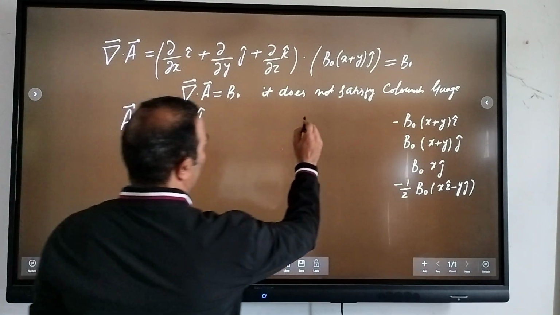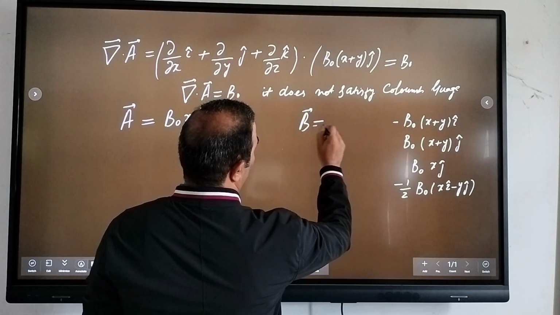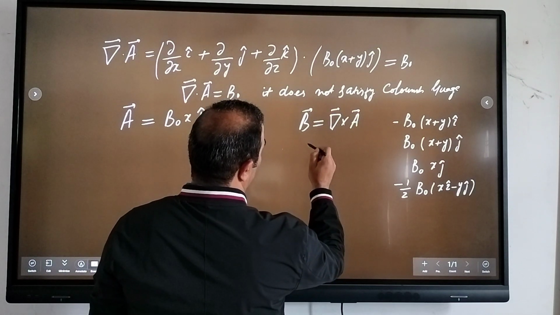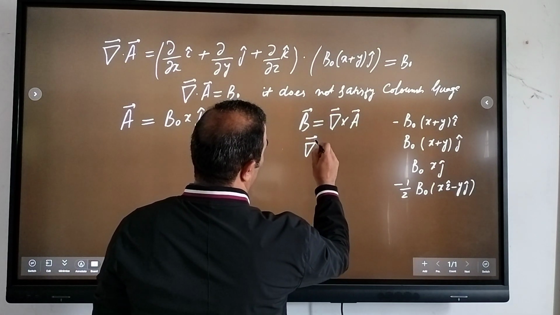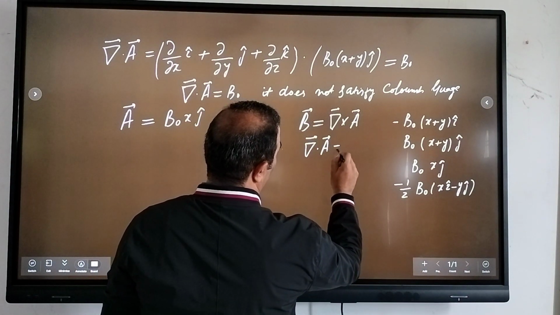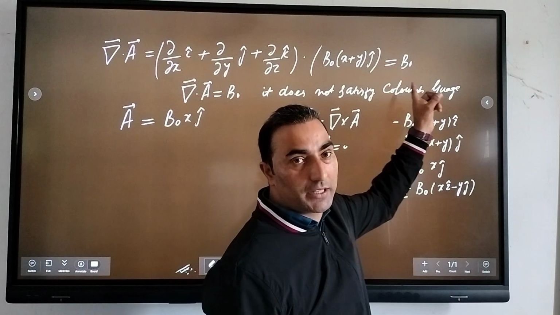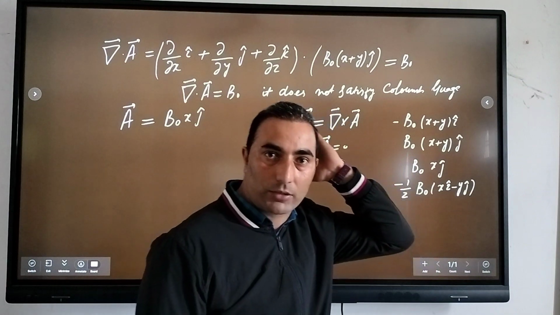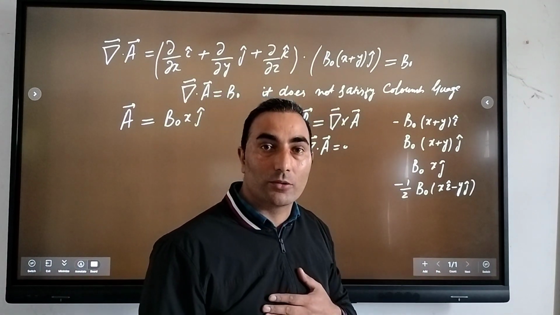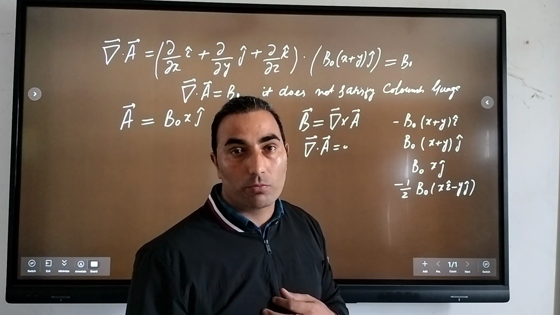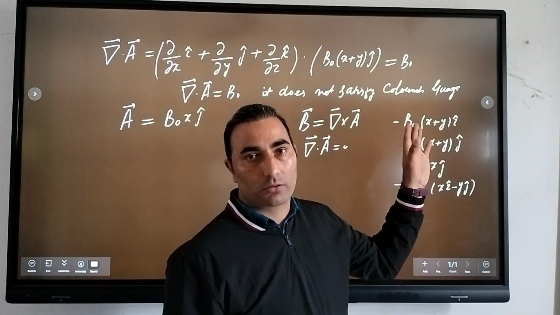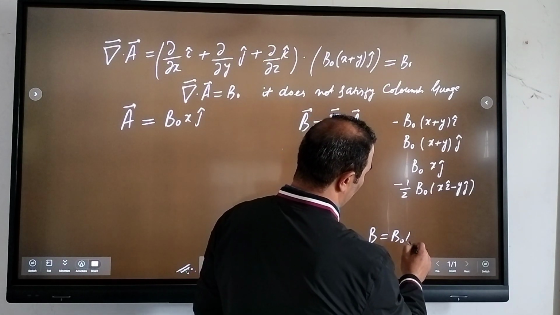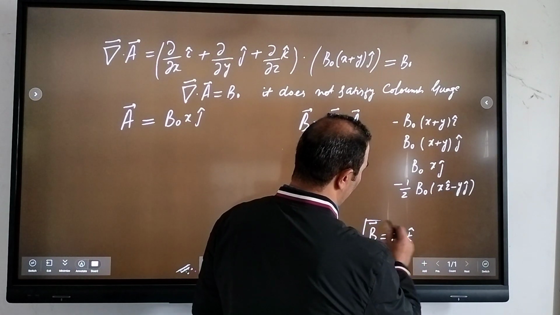So first, तो पहले हमें क्या देखना है कि that our B should be equal to, and second that nabla dot A, right? तो इससे हमें क्या मैग्नेटिक फील्ड आना चाहिए that B naught K cap, और यहाँ से आना चाहिए that nabla dot A should be equal to 0. If these conditions are satisfied, then we can say that this is the correct vector potential that gives us the uniform magnetic field, and that's equal to B naught K cap, right? So you can check तो जो हमारा टॉपिक था, so that magnetic field that was that B naught K cap, which is uniform, right? तो ये हमारा आना चाहिए, right?